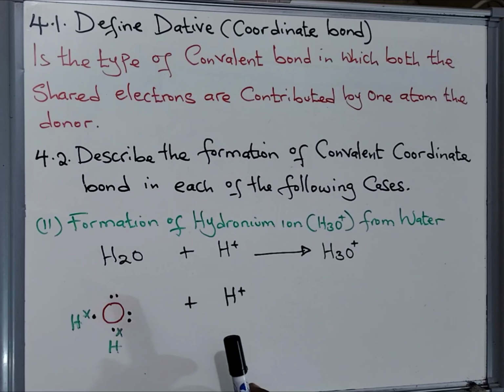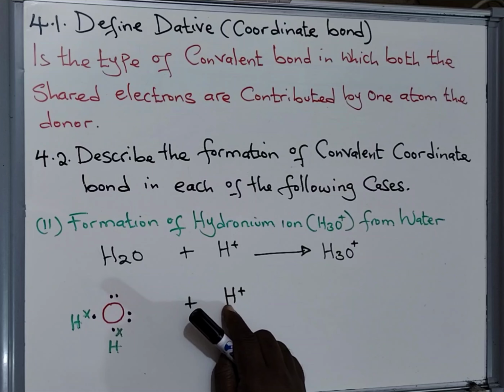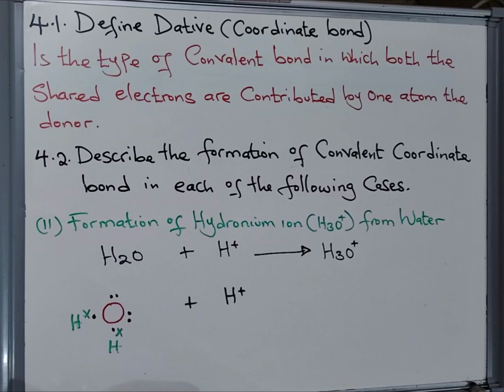It lost it. That's why it's positive. That's why some people call it a proton, because remember, a hydrogen has 1 electron and 1 proton. So after loss of an electron, what remains behind is a proton. So don't blame people when they call hydrogen ion a proton.